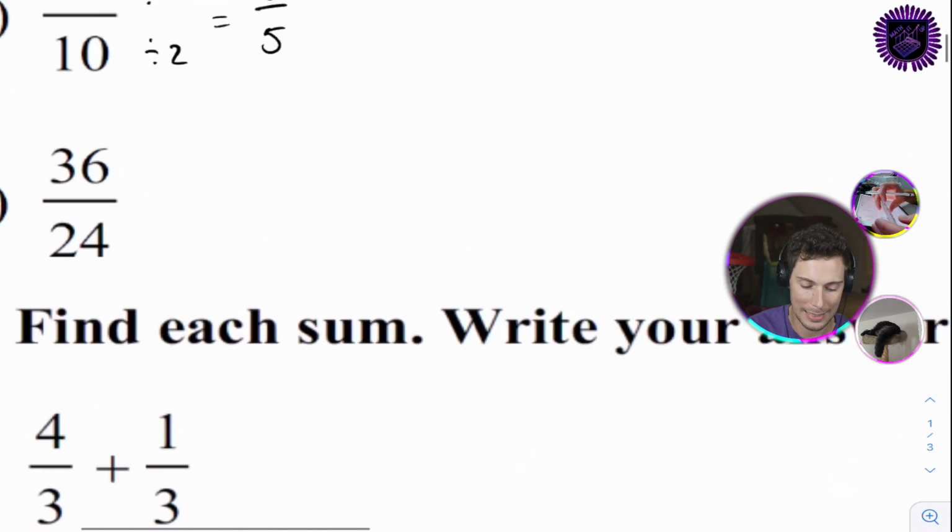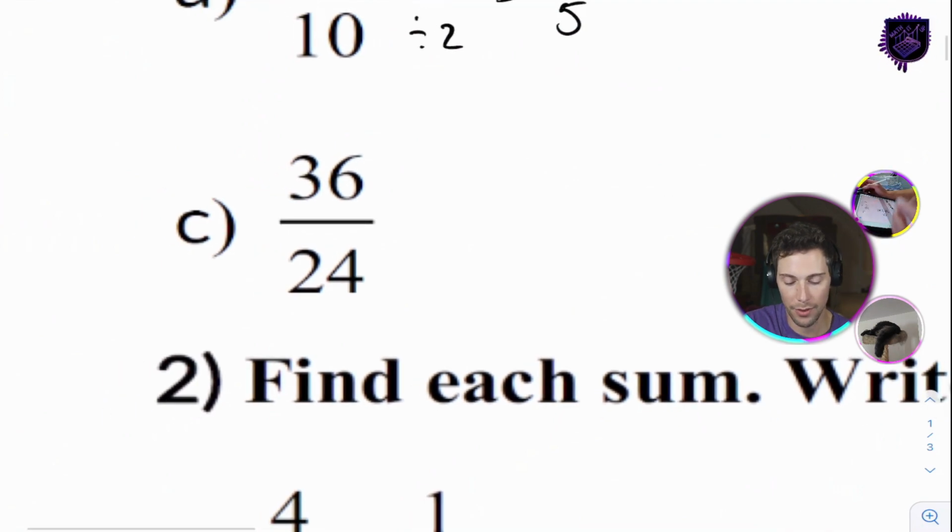Question 1c. Now, 36/24. Now, you might not know offhand that it's 6, but yeah, it's hard to know that for sure. And it's also an improper fraction.